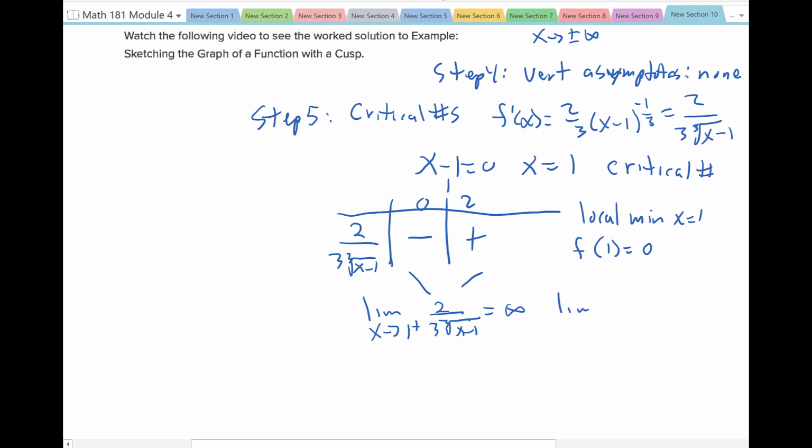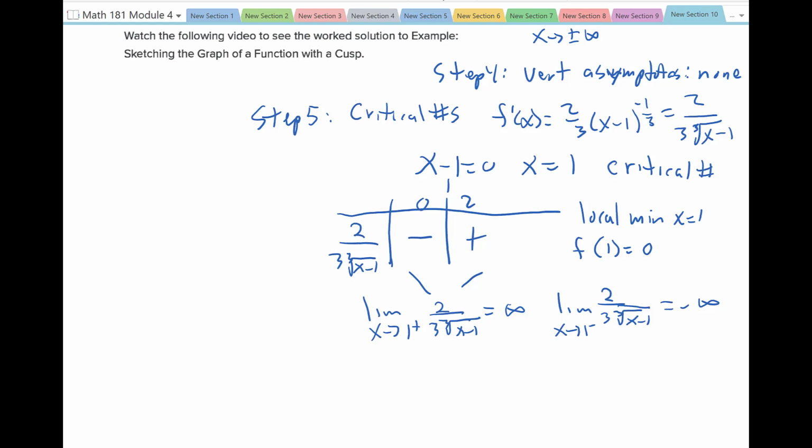The limit as x approaches 1 from the left of 2/3 times the cube root of x minus 1. Now we're talking, these are the slopes of the function itself. So you see the graph, don't be confused between the slopes and the actual graph. The slope, as you approach 1 from the left, is infinity. The slope as you approach 1 from the right is negative infinity. So that's why it's called a cusp, is because the slopes are not lining up. They go to the same point, but they're not lining up.